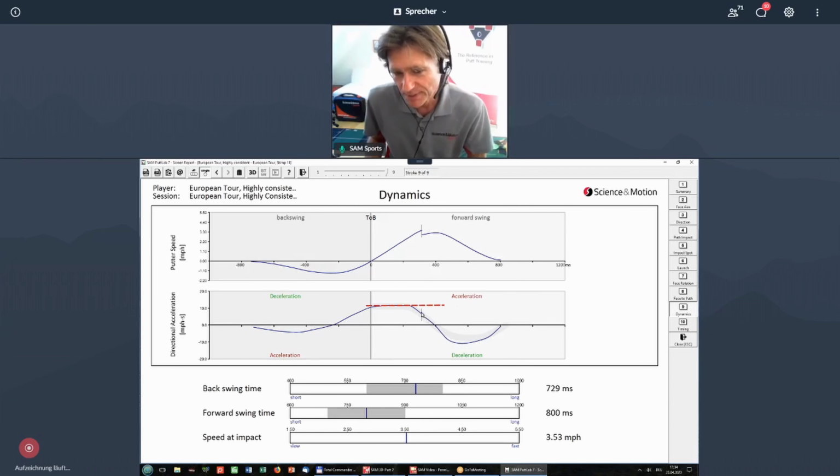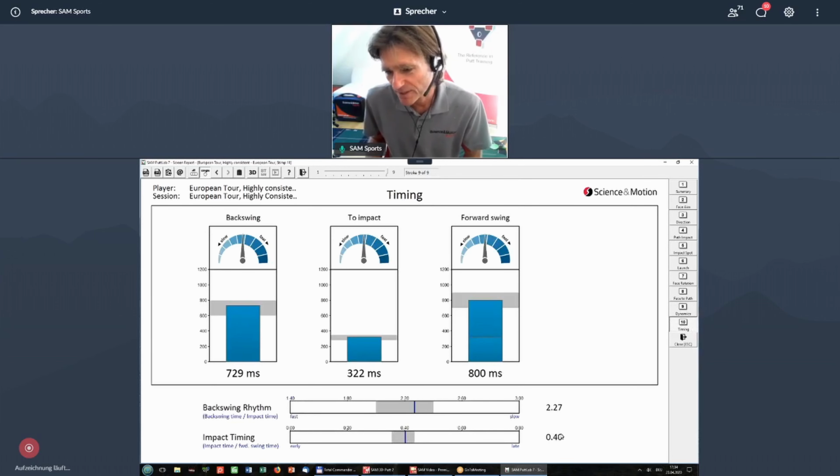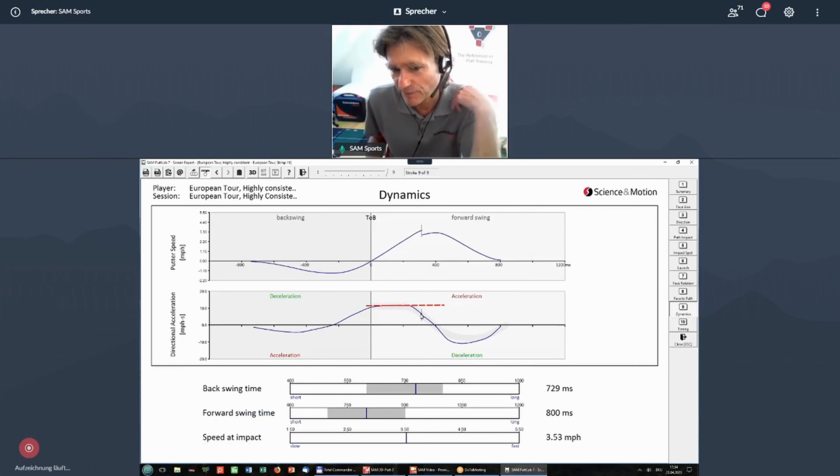Now for this player, you see the stripe is quite a bit before he enters the center. So this would be about 35% of time, potentially. We can look at the number. Well, actually, it's 40% of the time. So this is an impact at 40% of the time of the downswing.